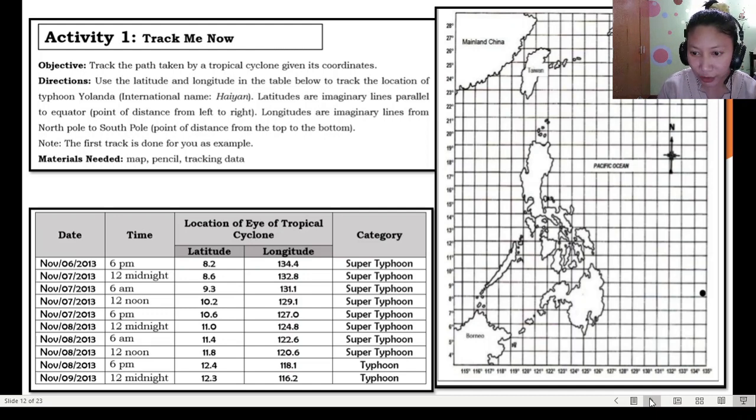So, makikita nyo siya, yung black na dot. And then, i-intersect natin siya sa 134.4 na longitude. So, dyan siya. Ayan. Hindi lang masyadong tumama yung red na ginawa kong dot. Pero, dyan siya sa may part na yan. So, makikita nyo na yung track niya hanggang November 9, 2013.